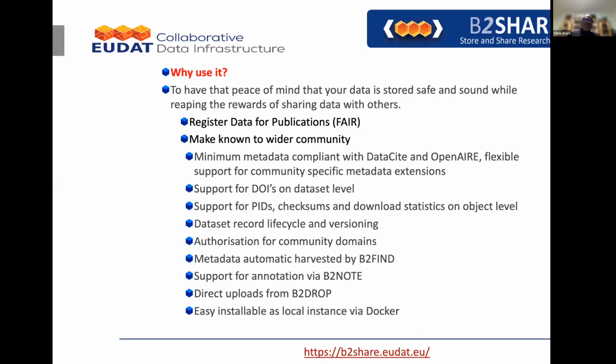And during the cooperation, when you have your B2DROP and you have your data that you are cooperating on with others, you can directly upload your data into B2SHARE from B2DROP, either from B2DROP itself or from B2SHARE to pull it using what we call the B2DROP bridge. And it's easy to install your own local version if you want.